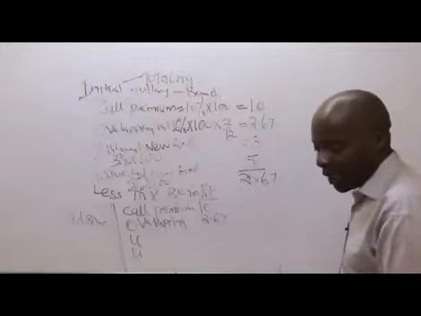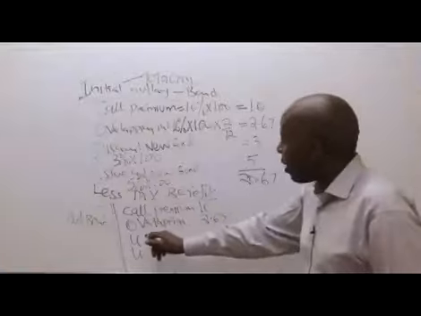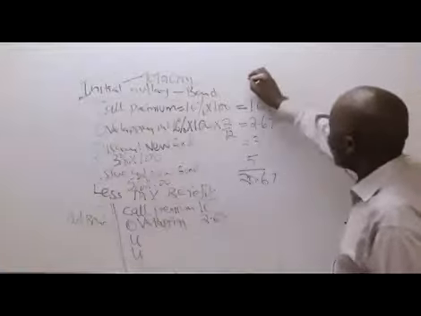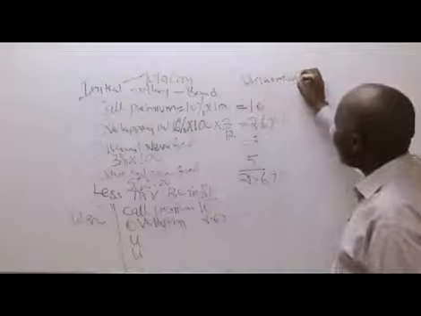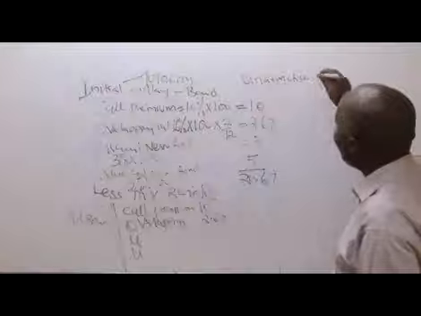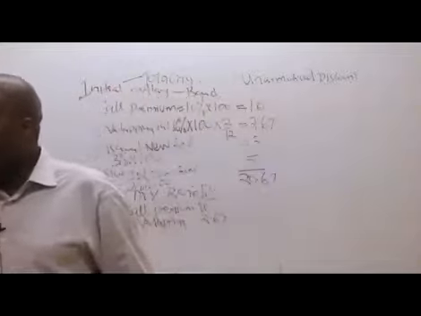I would want us to get the unamortized discount. I would want to see whether there is any student who will be able to give me this figure correctly. Anwamboy tells me 1 million.